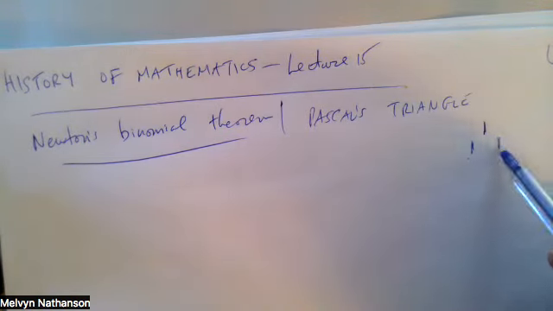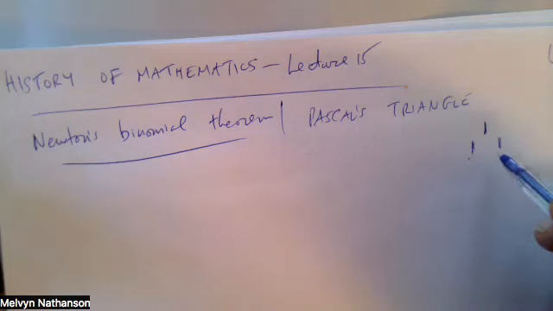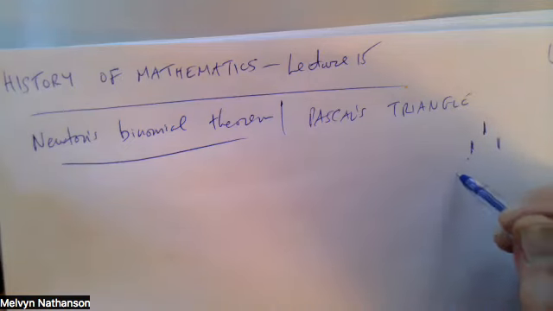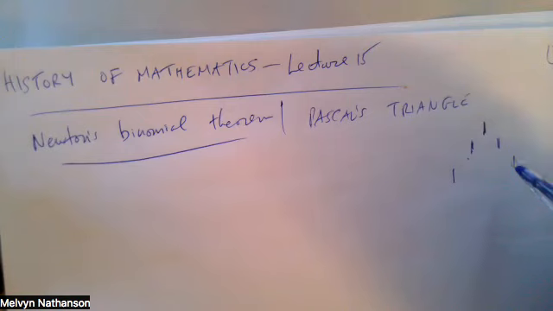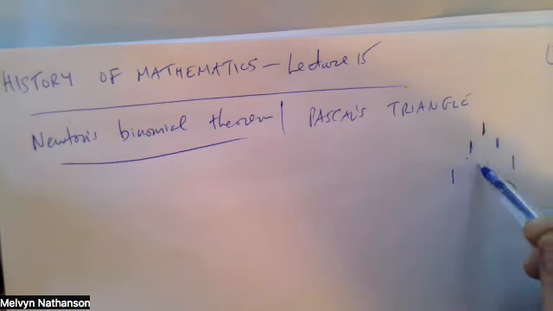And 1 is 1 and 1 is 1. Now, the third row, or the next row, it's really, in our sense, the second row, but we'll have 3 numbers. At the ends, they're always 1s. And in the middle, each number is the sum of the 2 numbers in the preceding row directly above it. So 1 plus 1 is 2.